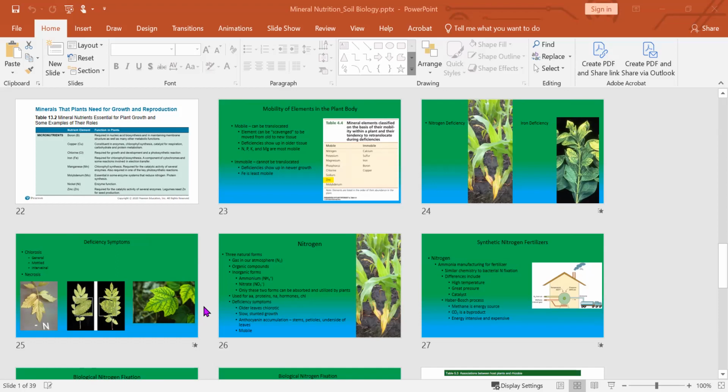Do you need to know what deficiencies are among them? Yes, please, that little chart there on slide 23, which ones are mobile versus immobile. The way students have told me they do this is they just memorize the immobile ones and call it good. If it's not on that list, it must be mobile. That's a good way to do it for this class. I'm fine with that.